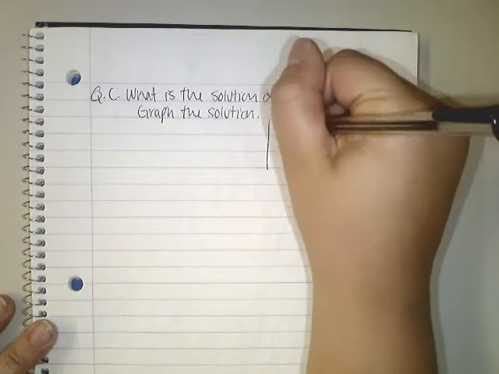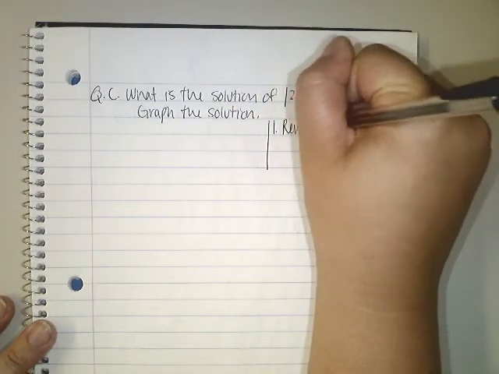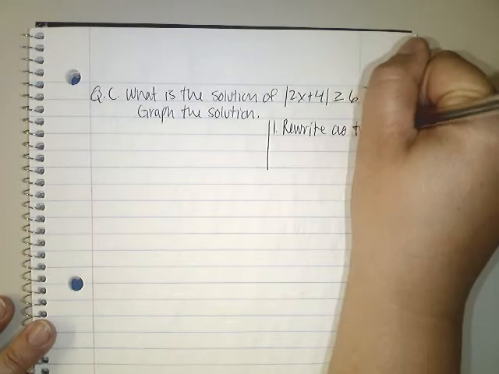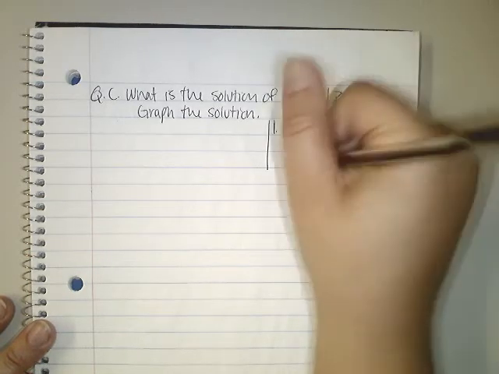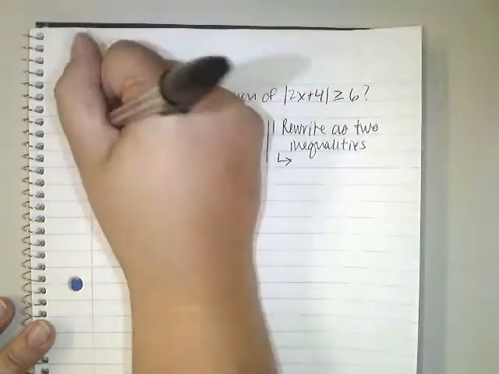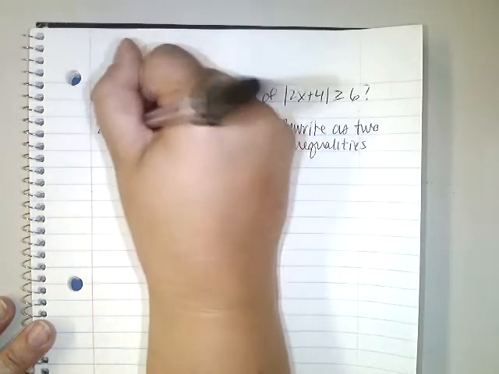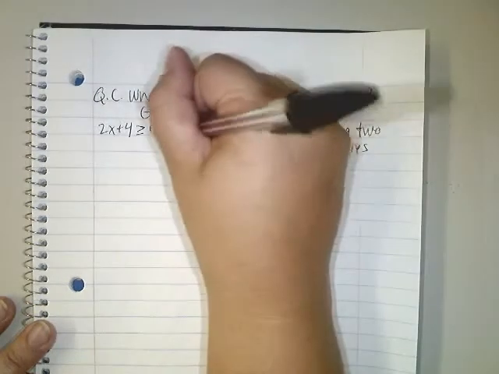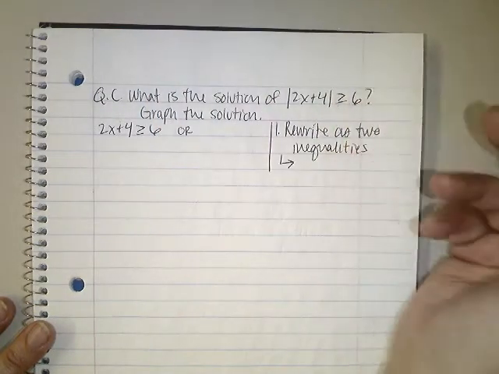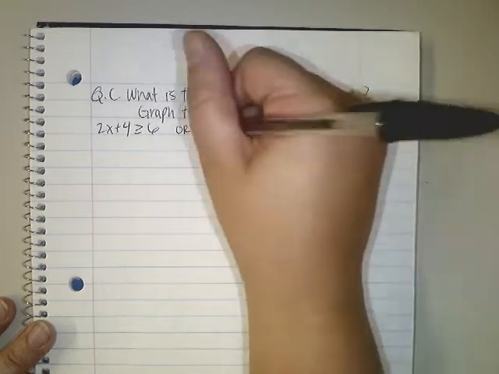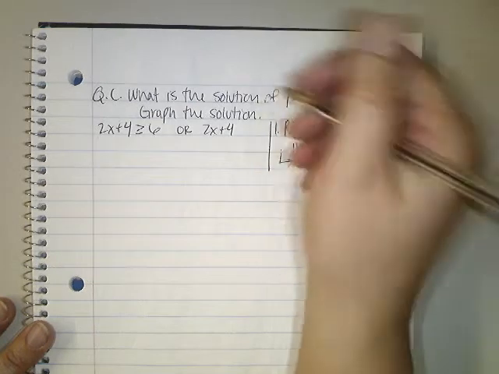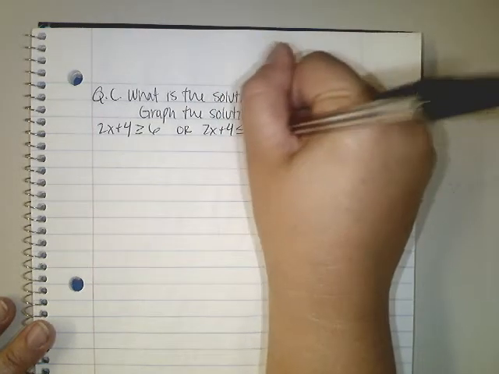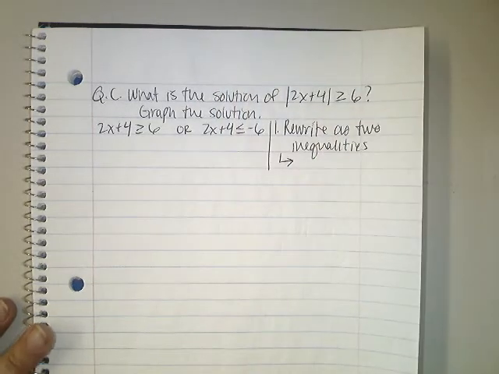I'm just going to write on the side our steps. Again, we're going to rewrite as 2 inequalities. An important note here: I have 2x plus 4 is greater than or equal to 6, or when I write it differently, the negated answer. When we do our 2 different inequalities, you're going to switch the sign, just like when you multiply or divide by a negative number when solving an inequality.